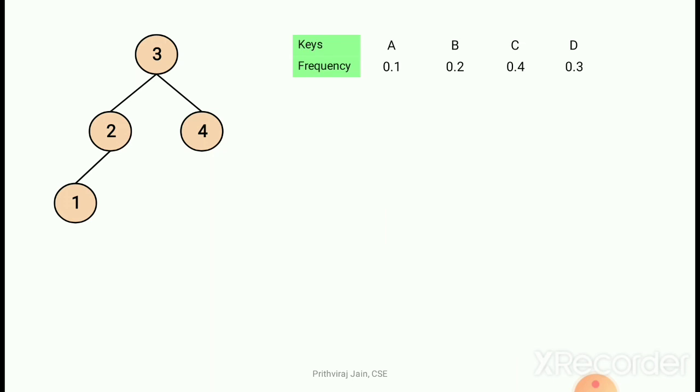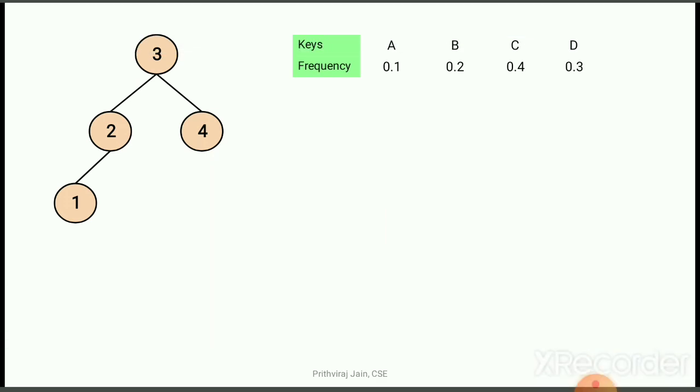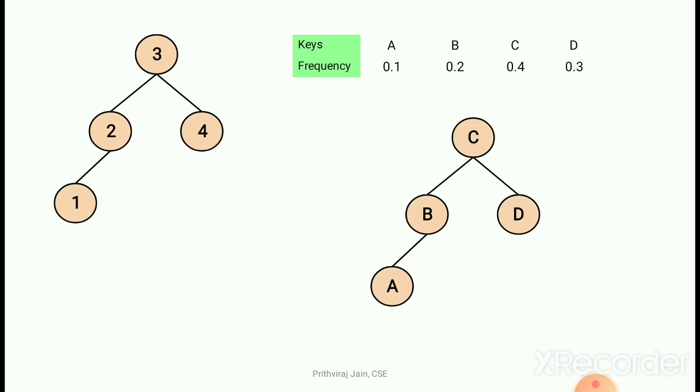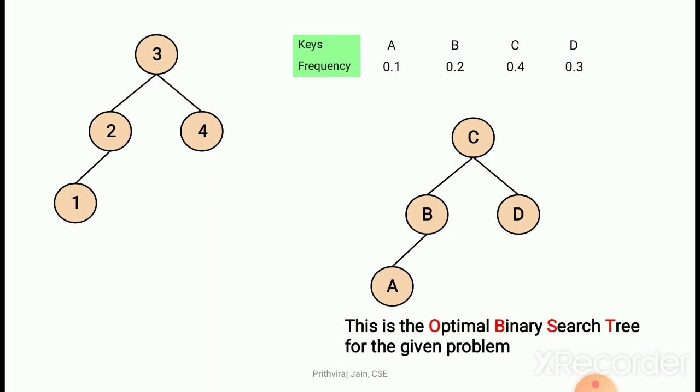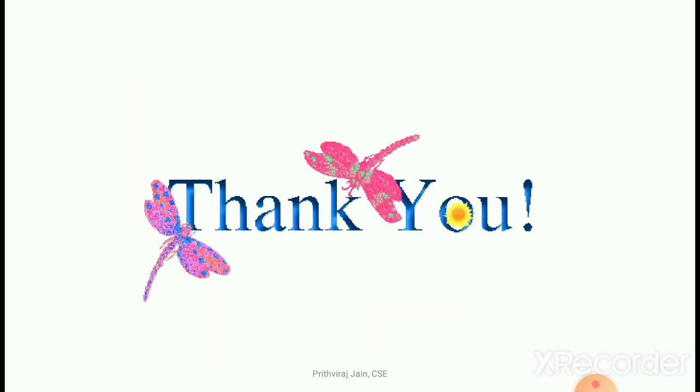For this given question we can write the binary search tree like this: 3 indicates c, 2 means b, 4 means d, and 1 indicates a. So that's all. This is the optimal binary search tree for the given problem. In this way we can find the optimal binary search tree for any given problem. Thank you.